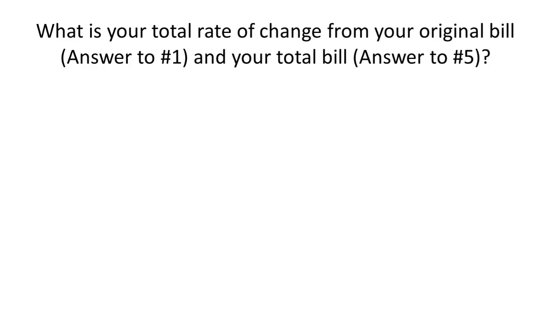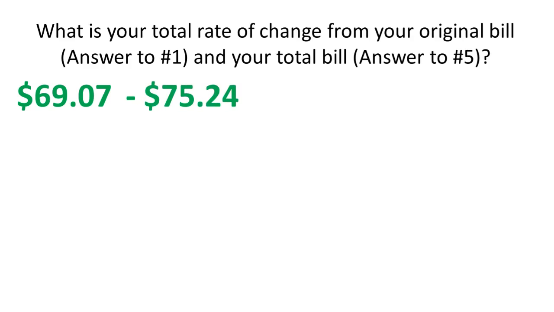The percent change is calculated by taking the final amount, or in this case the final cost, $69.07, which is the cost after we added up all our groceries, after we took the 15% discount, after we added on 8% tax. And we subtract this from the original amount, which was before the tax, before the discount, $75.24.